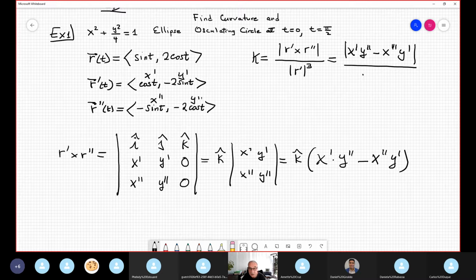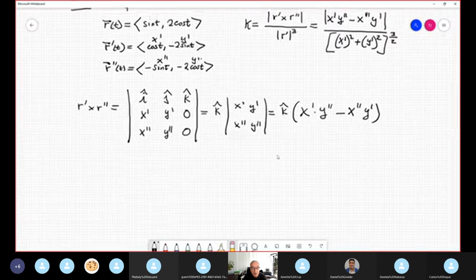The velocity is x prime squared plus y prime squared, and the square root of this. But in the formula for the curvature, we have the cube, so we can condense it like a 3/2 power. Wow, this formula is easy. I like this formula for solving any problem in 2D. And this is the formula that you use in homework number 4.